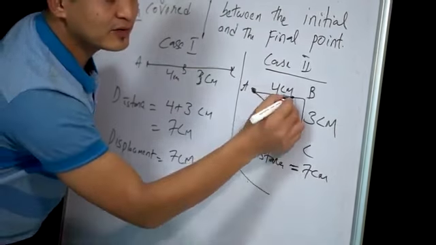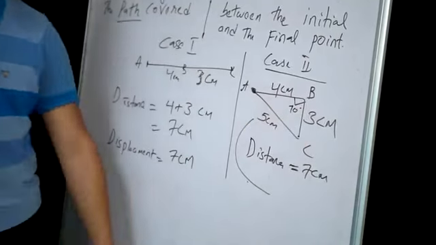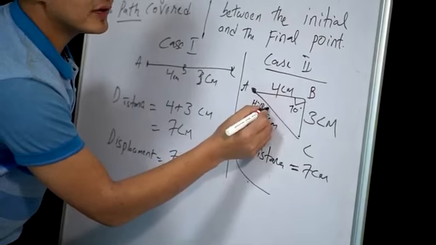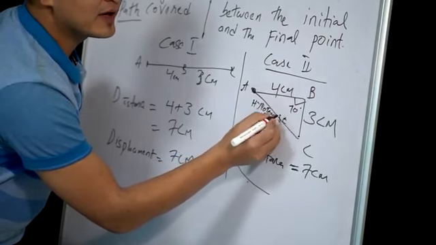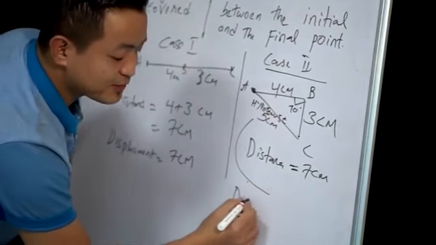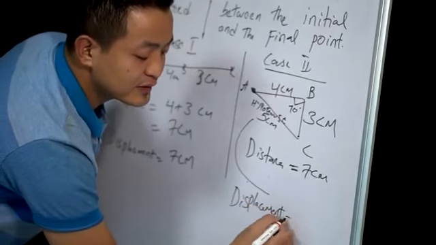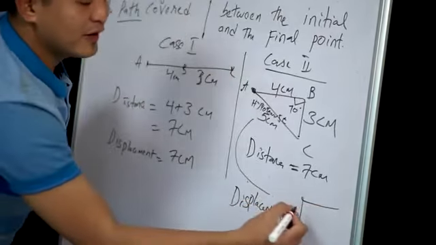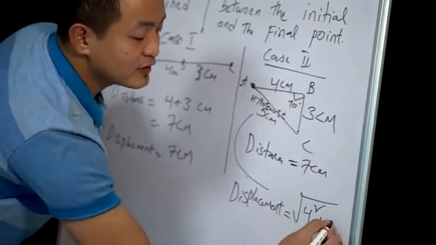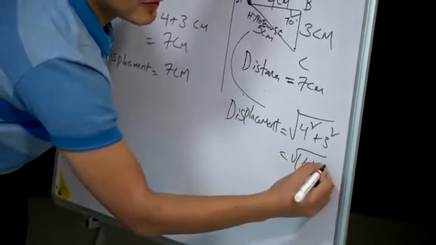How do we get this? Because here, B is 90 degrees. That means it's a right angle, so this is the hypotenuse. So we'll apply the Pythagoras theorem here. The displacement would be the square root of 4 squared plus 3 squared, which is 16 plus 9.